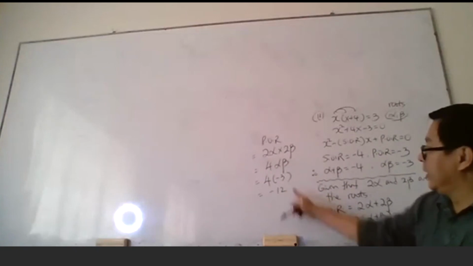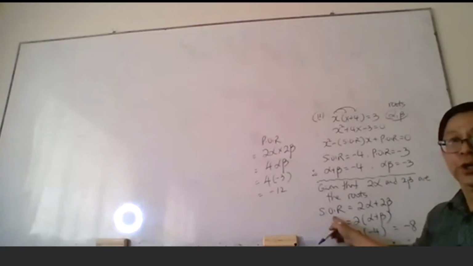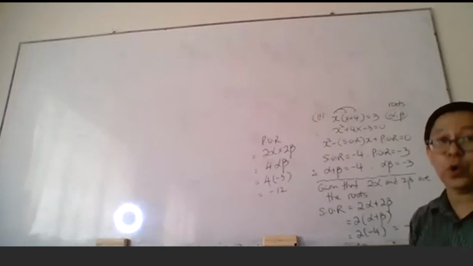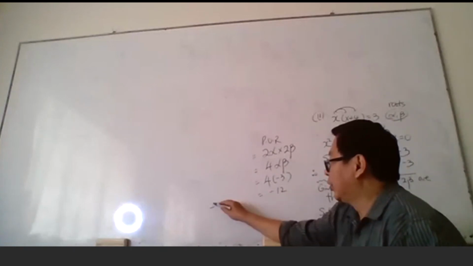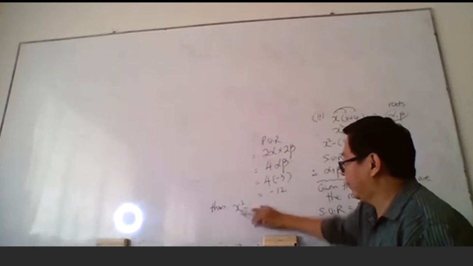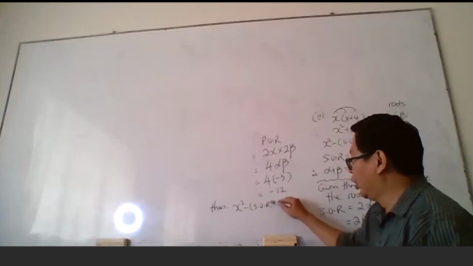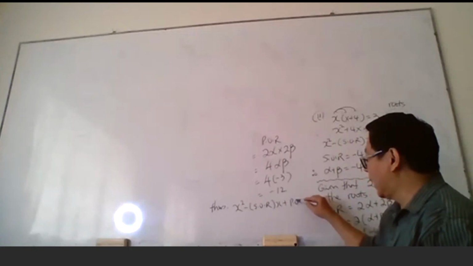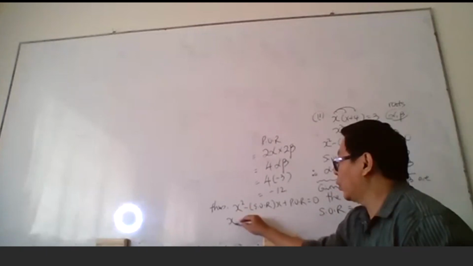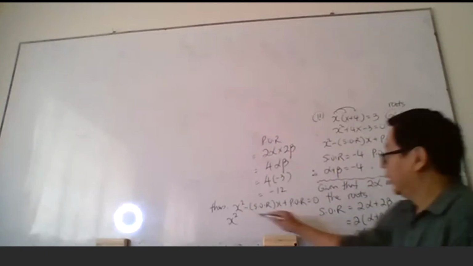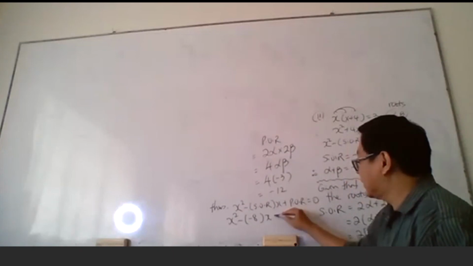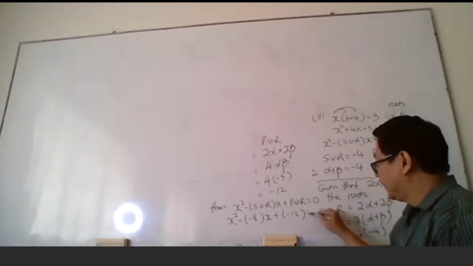Okay, I'm going to use the new sum of the roots and product of the roots to form the new quadratic equation. So thus, x squared minus sum of the roots x plus product of the roots, equal to 0. And x squared minus negative 8x plus negative 12.